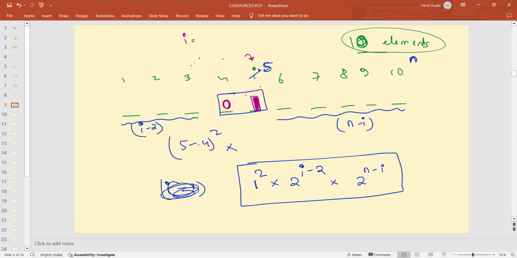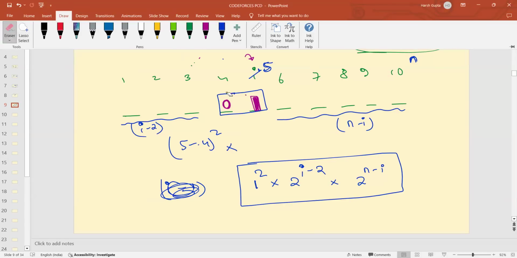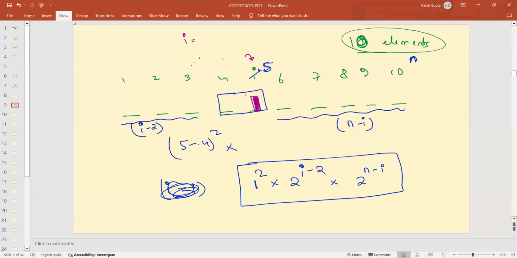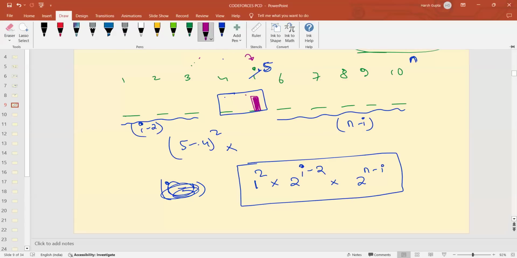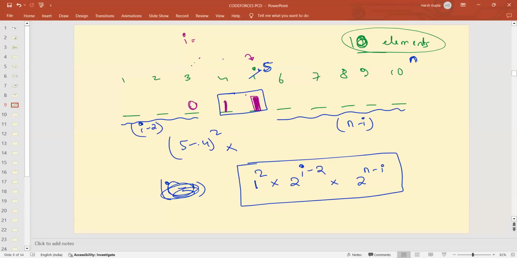Similarly, with this value I as 1, if I have 1 over here and then I have 0 over here, what are the possible values of j with this as I? My j can be this, this, and this. So we will add all the possible values. First of all, I assume this as my j. If this is j, this character should be 0.